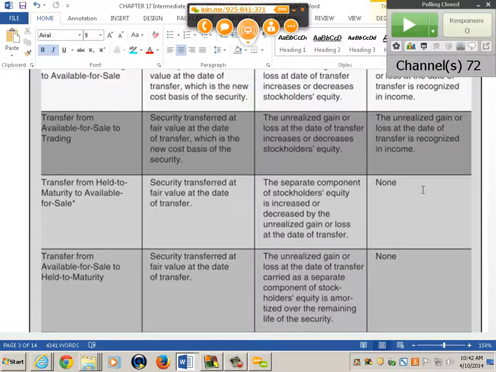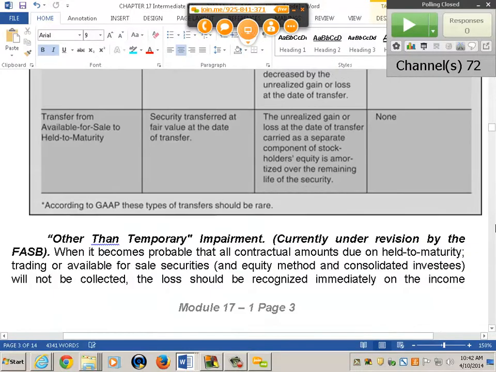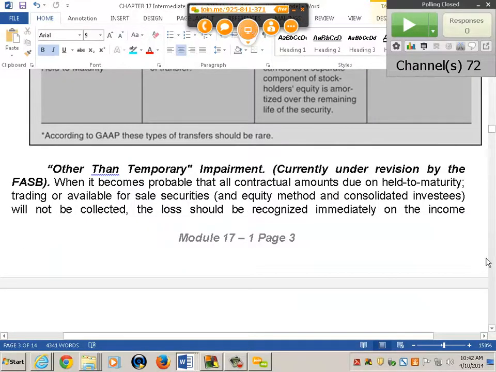All right, last, before we go to an example, I just want to tell you that we're not going to do anything on the details here, but just to let you know that if there is a decline that's other than temporary, all bets are off. You're just going to write it down and take the loss.